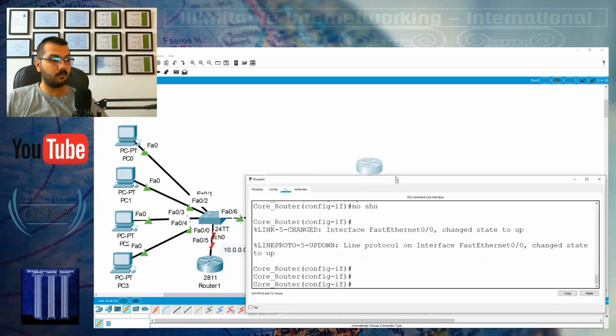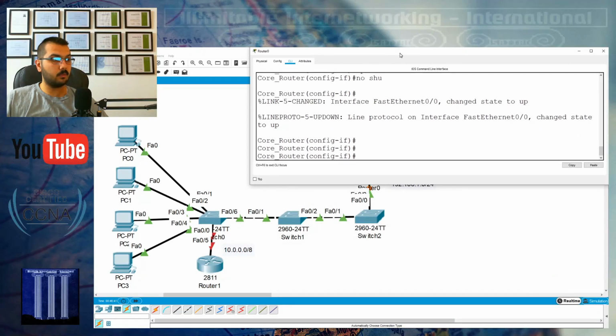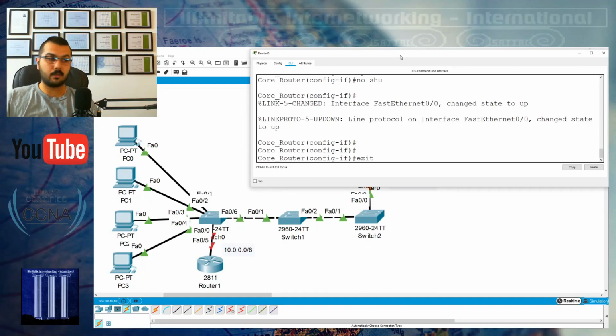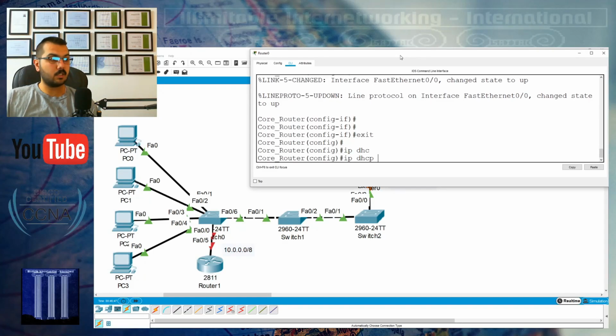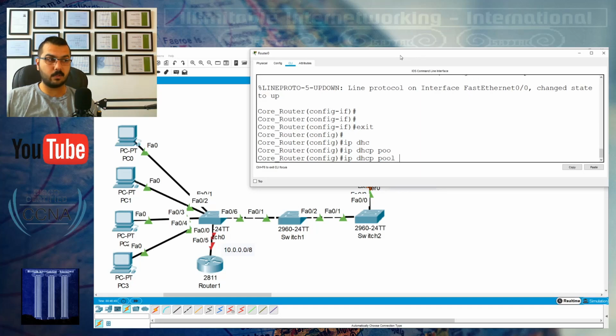After this initial config, what I will do is configure DHCP. So ip dhcp pool. If you remember DHCP config, I hope you do. Just in case you don't, because it's the first time we study DHCP in chapter 4, it's okay, we will review it here again, the same steps. I will not skip any step. First, I will create a pool of addresses, and this pool will be called the core pool.